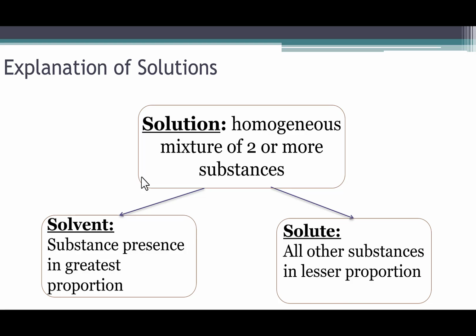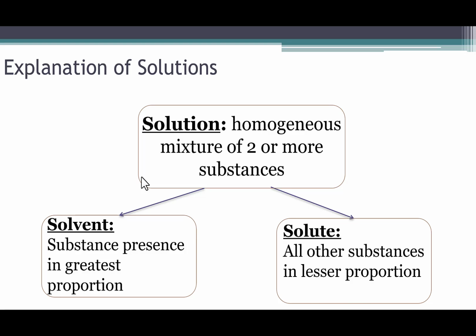The solvent is going to be the substance in greatest proportion. Very often in general chemistry, that's going to be water. As you get to organic chemistry and some more complex situations, that could be other things. But 95% of the time, it's going to be water for this chapter. The solute is any other substance in lesser proportion. So this could be one thing, it could be 20 things, but it's anything that is not in the majority.